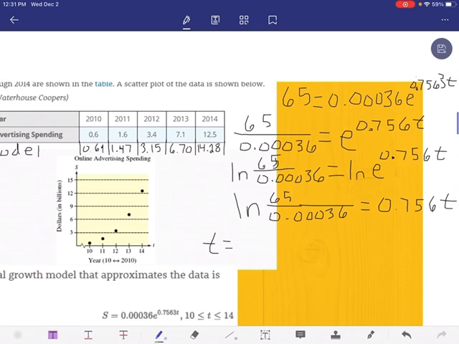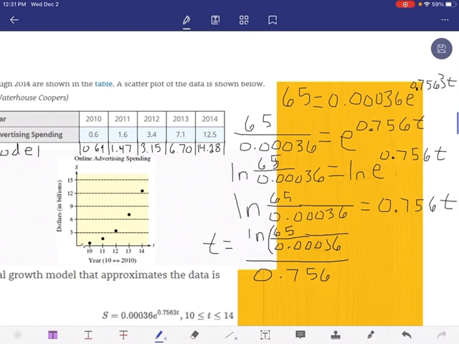So we're going to get t equals the natural log of 65 divided by 0.00036. And that's all going to be divided by 0.756.